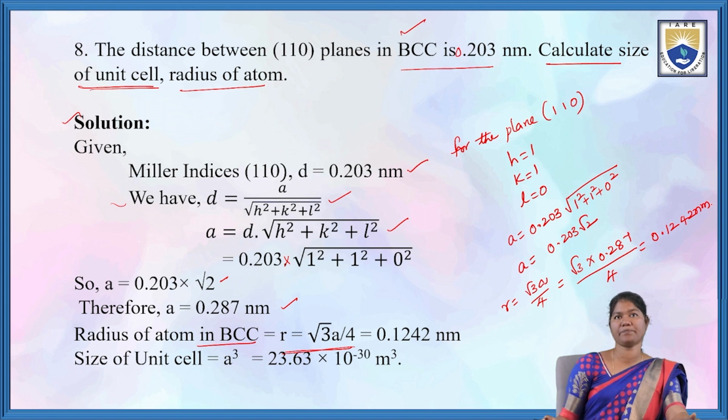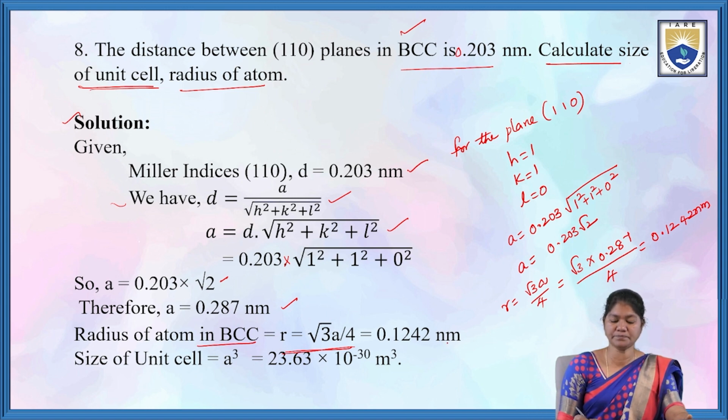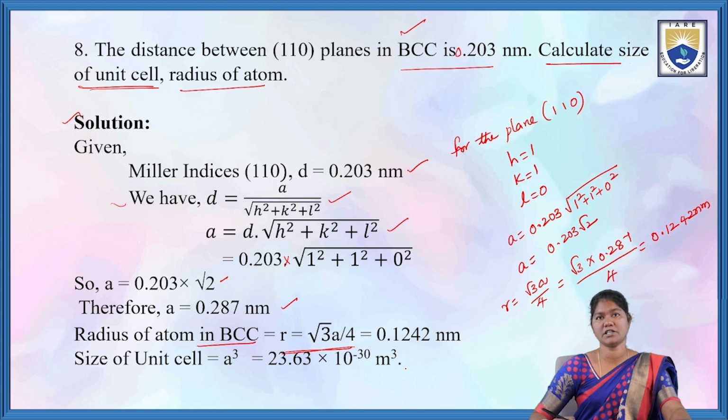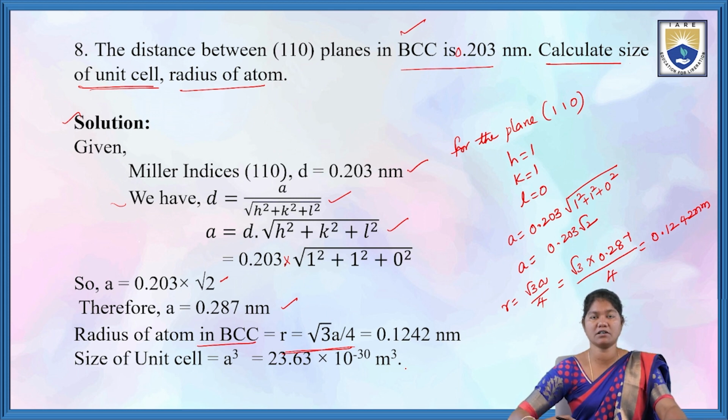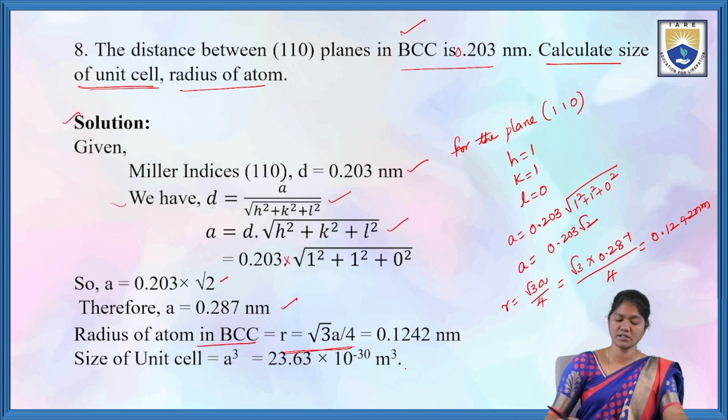As we noted directly in nanometers, we get the value in nanometers. If we convert into meters, we multiply by 10 power minus 9, or else I'll just write in nanometers itself. The size of unit cell is equal to a cube.